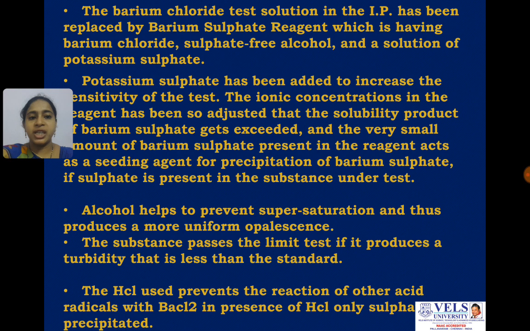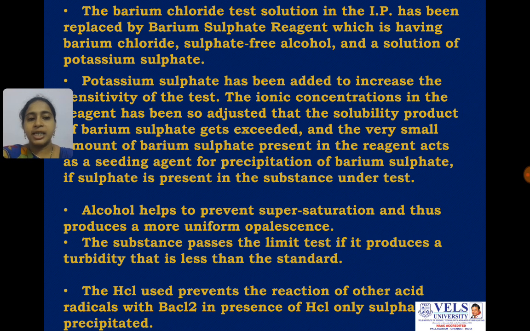Hence, potassium sulfate acts as a seeding agent for the precipitation of barium sulfate. Alcohol helps to prevent supersaturation and thus produces more uniform opalescence. And barium chloride is useful for the precipitation of barium sulfate.